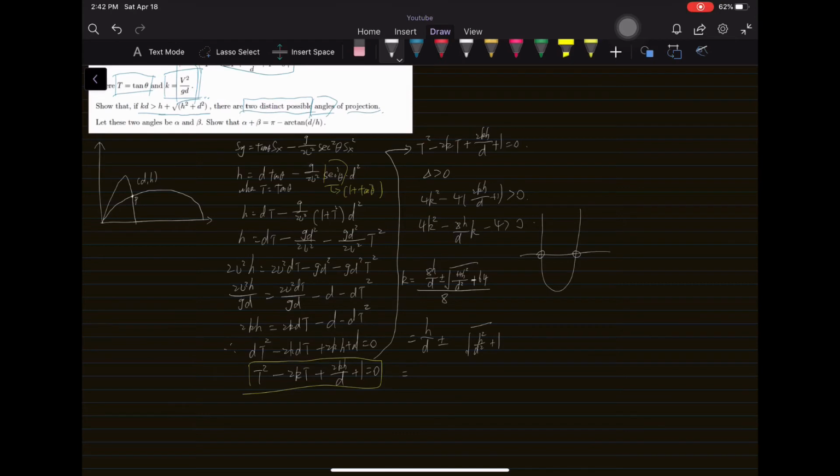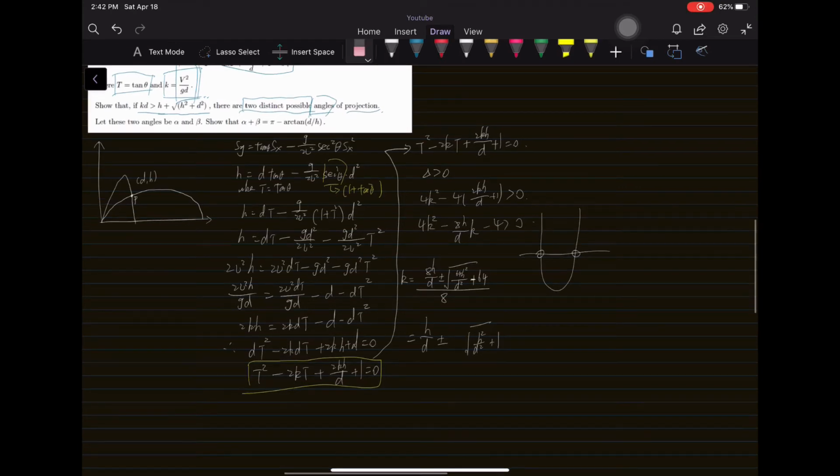whatever. So currently what we need is k is less than the smaller root or k is bigger than the larger root.